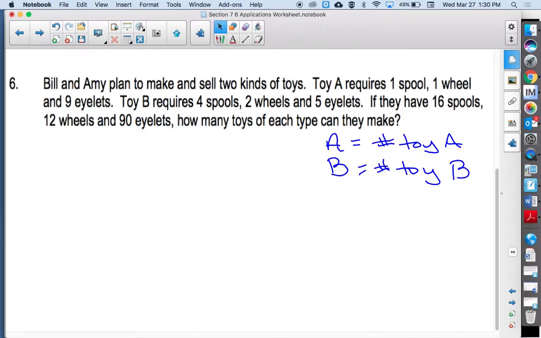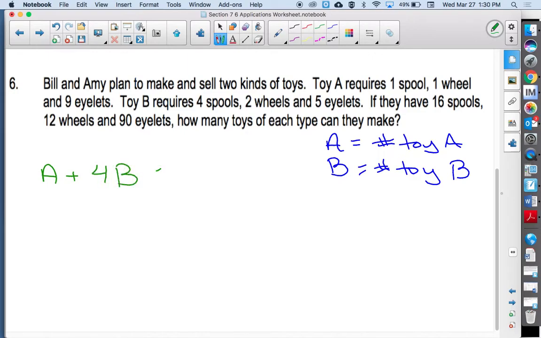Libby, how did you create your inequalities? I did it by each thing, whatever the spools are. I did a plus 4b is less than or equal to 16. So that's the number of spools, each type of object that you need to use to make this toy. The second object would be the wheels. And then I did a plus 2b is less than or equal to 12.